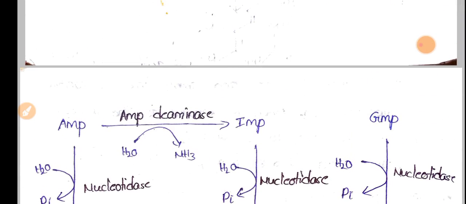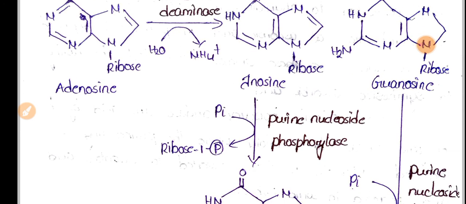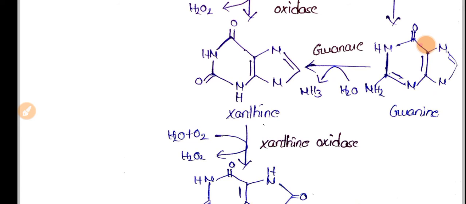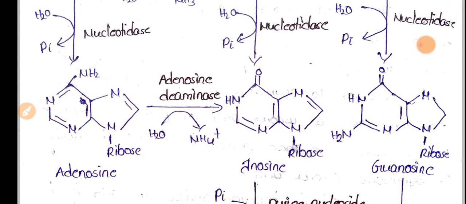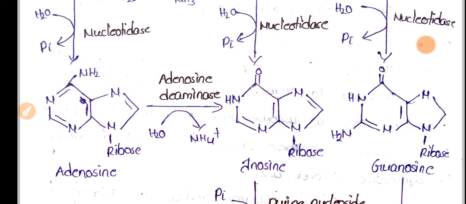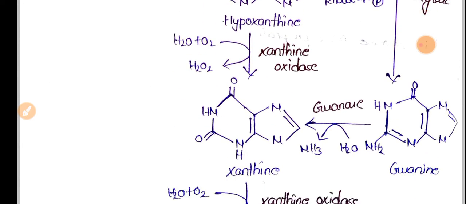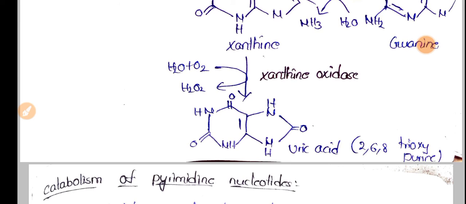And GMP is converted into guanosine, guanosine is converted into guanine, guanine is converted into xanthine, xanthine is converted into uric acid, and again adenosine is converted into inosine, inosine into hypoxanthine, hypoxanthine into xanthine, and xanthine into uric acid. So this is the uric acid formation mechanism.